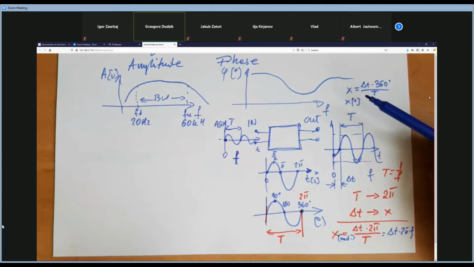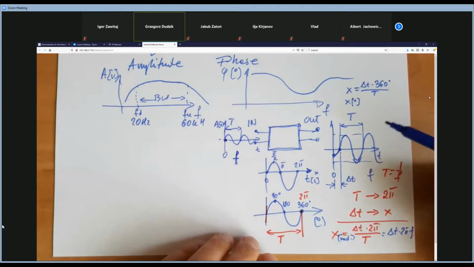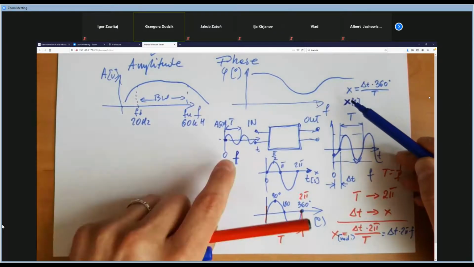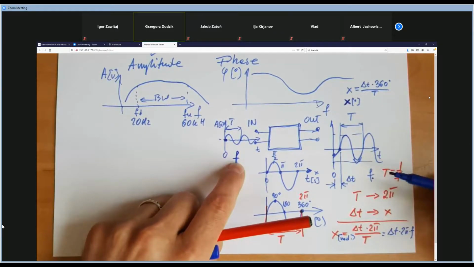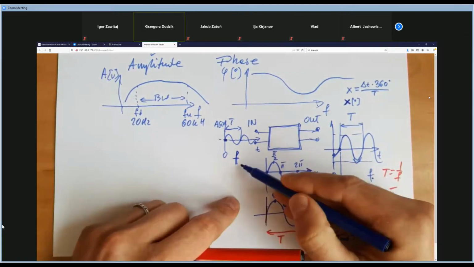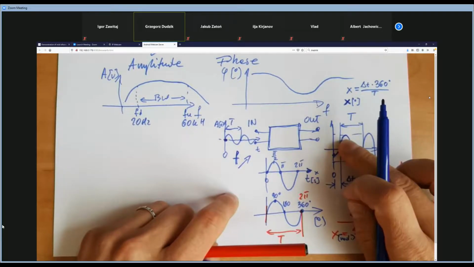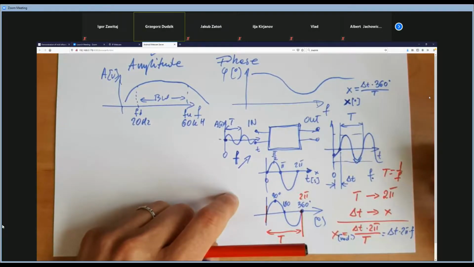And now, as you see, we can find one value of the phase shift for the frequency f. But what happens when the frequency is going up or changed? What will happen here? It will look like that.